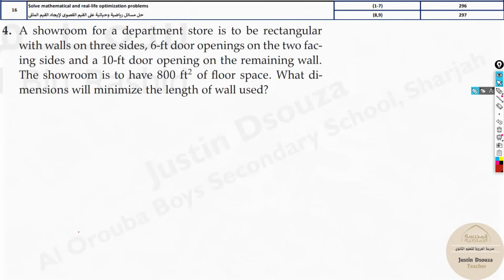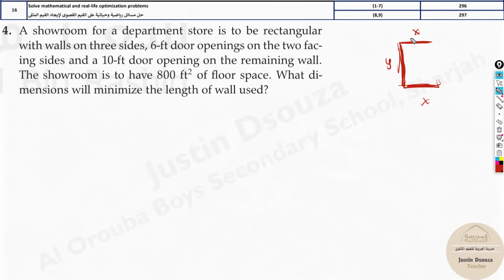Now, how do you solve this is, first let's draw a simple diagram here. It's an open showroom, right? There's an opening. It's kind of like this, okay? Just imagine this is the opening. Obviously, it'll be much bigger, but just understand these are the walls. Now, in these walls, if you consider this to be X, and this is also X, then this is Y. There is a 6 feet door opening, so you need to remove that.